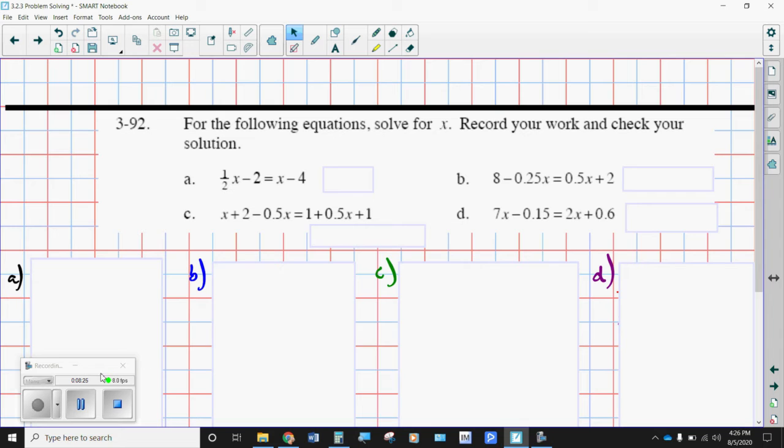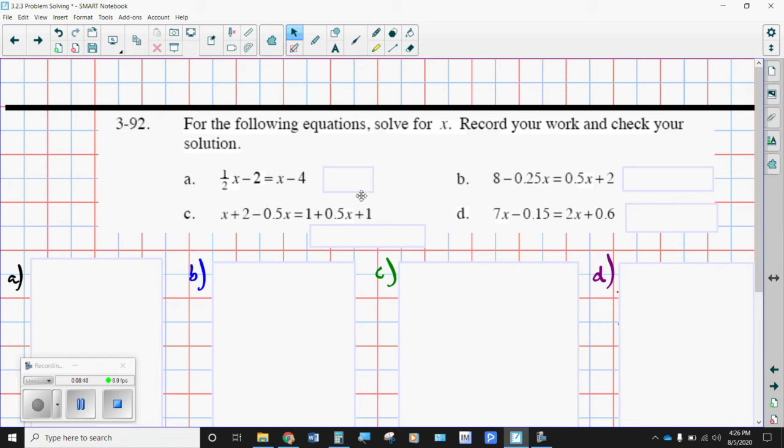All right, so here we are. I would like for you to copy down these equations, show your work, and solve each one of these equations, okay? You've got fractions and decimal numbers embedded in. This is going to be a struggle.